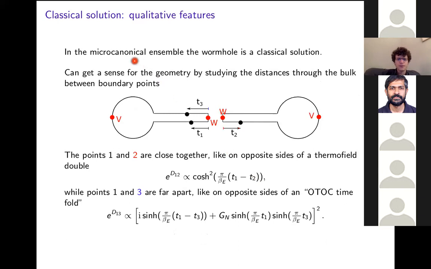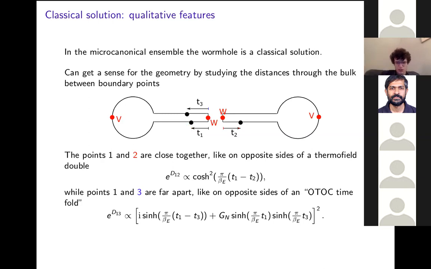In the microcanonical ensemble, it's a classical solution. And we can describe aspects of it by giving the distances between some points. Here I drew the time contours again with the V and W operators, and I drew 3 extra dots, these black circles.